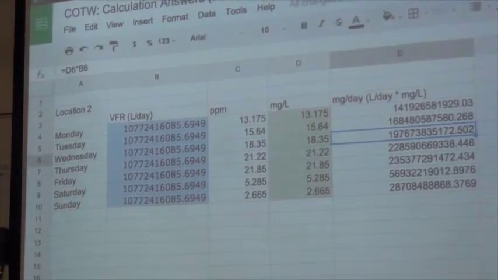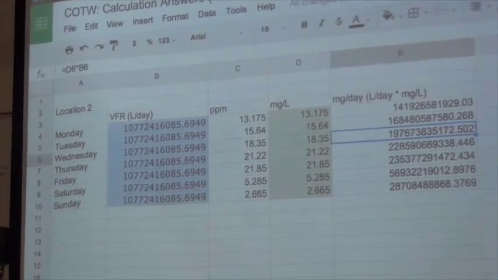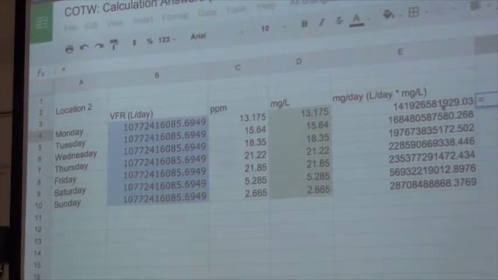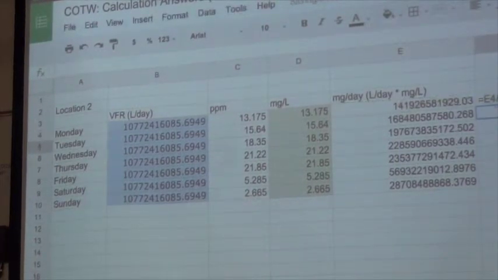So how would I do that using formulas? Equals this cell divided by 1 million. And it's going to do that for me. And then drag it down, and it's going to do it for me.